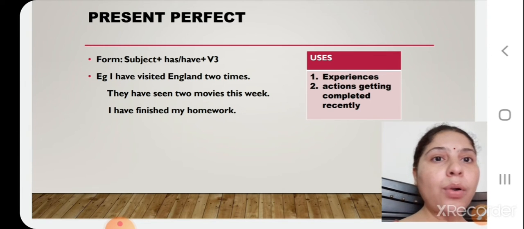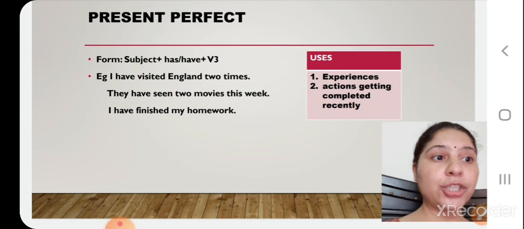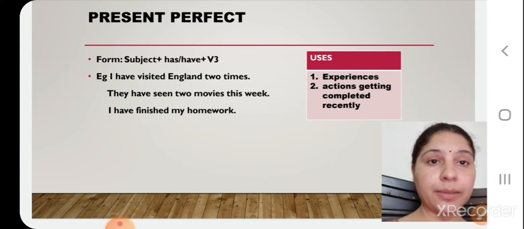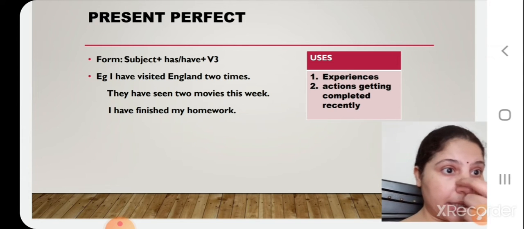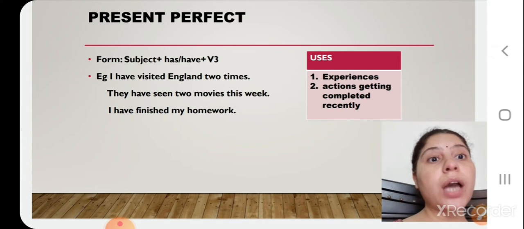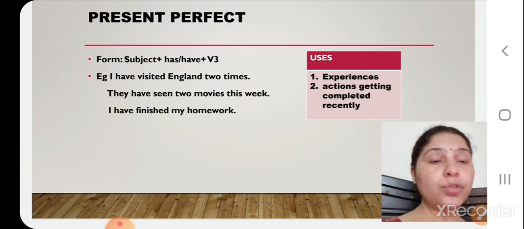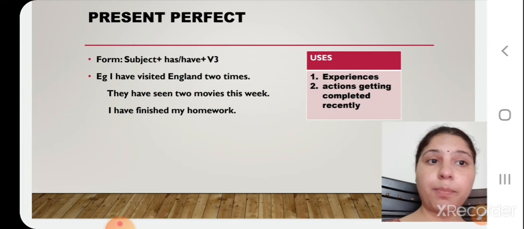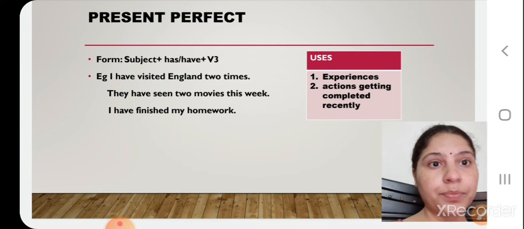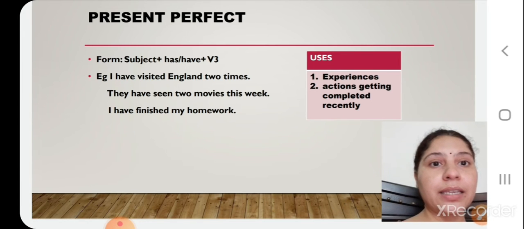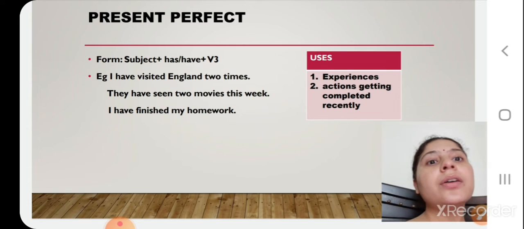Now, how will these sentences be changed into simple past? See, if I say, I visited England in 2018. So 2018 is in the past. So the sentence goes into the past tense. And in the second sentence, if I say they watched 2 movies last week.